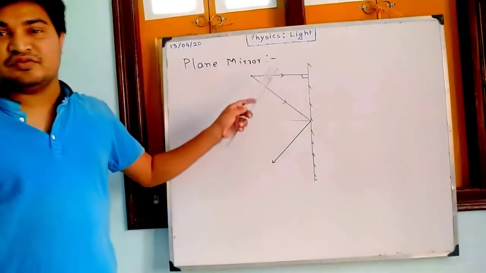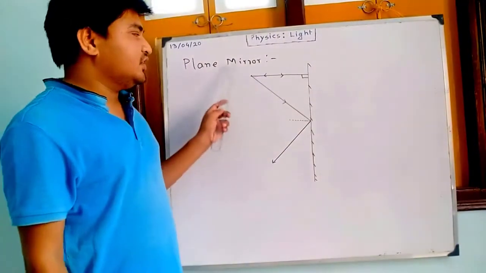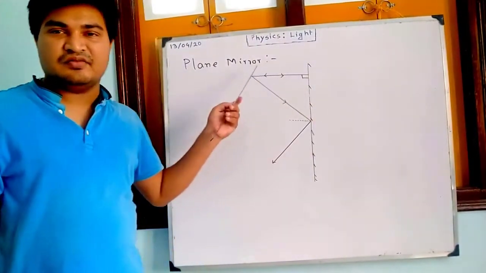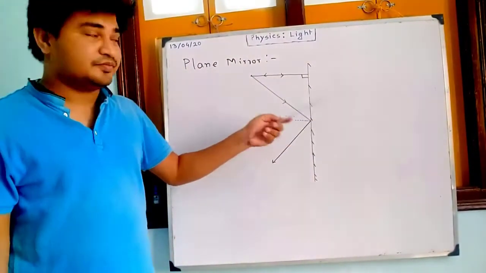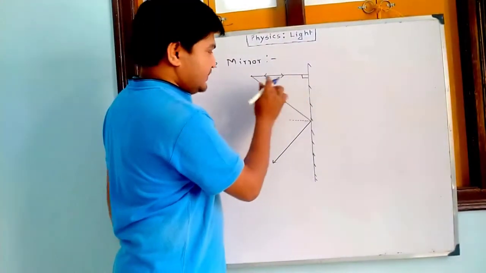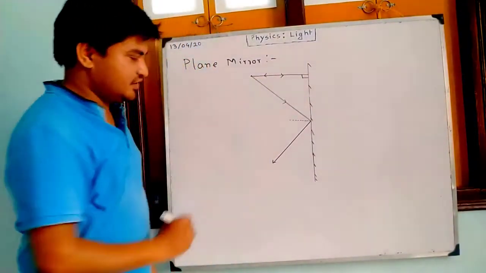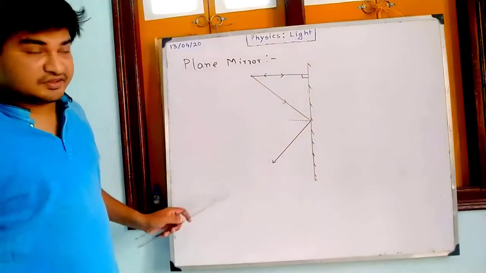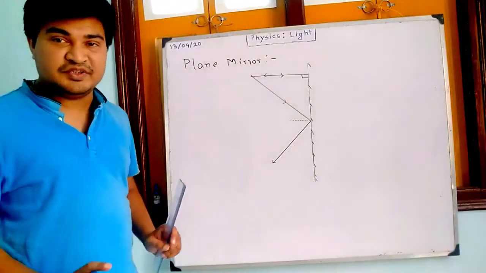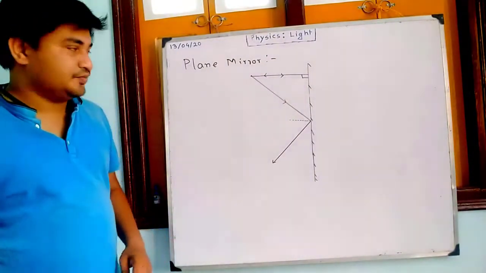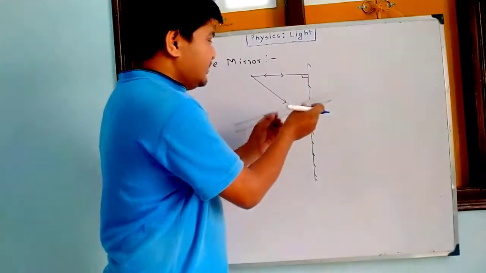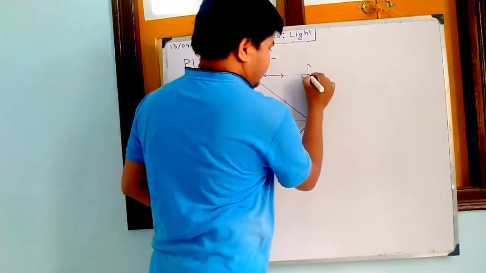Okay, so in this case, the ray that moves in this direction makes an angle of 90 degrees. So for a normal ray, we learned that the ray will return back along its original path. So one ray is moving in this direction and another ray is moving in this direction. These two rays are never going to meet at any point.